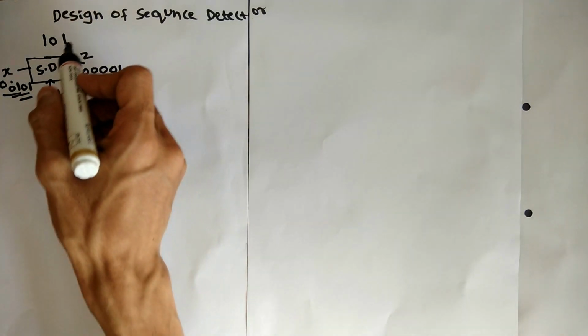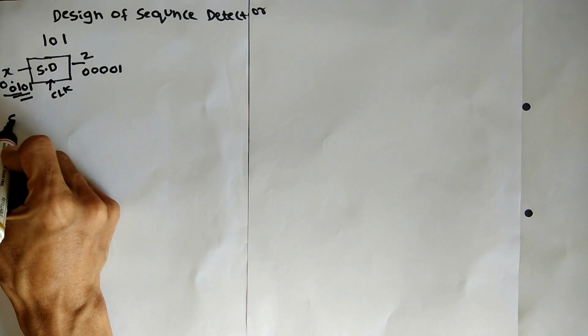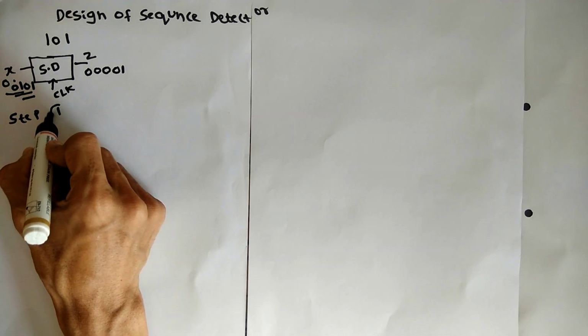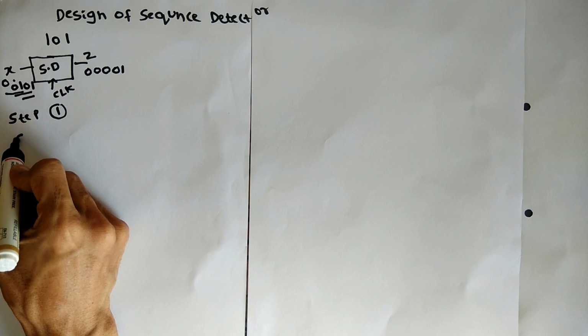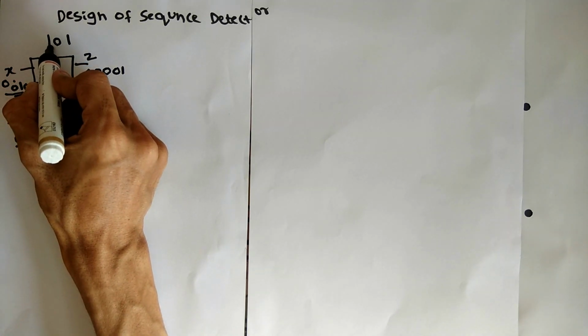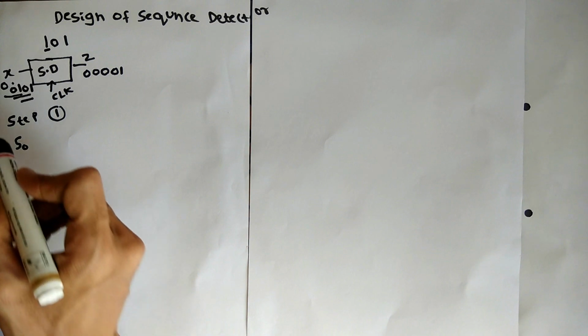Let's see how we can do this sequence detection step by step. First step, our aim is to detect the sequence 101, so we will start with the first state S0. In the S0 state, usually whichever the first bit is, we take the complement of that, or we can call it a reset number.